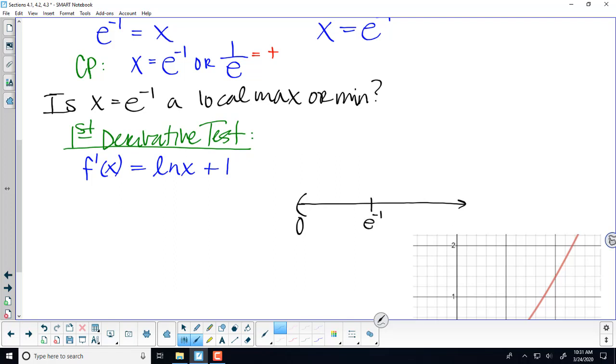You can always do a decimal, but we can do something pretty sweet where we don't really need our calculator. So let's choose a test value in each interval. Well, if this is e to the negative 1, then I could test e to the negative second, and I could test e to the negative third.